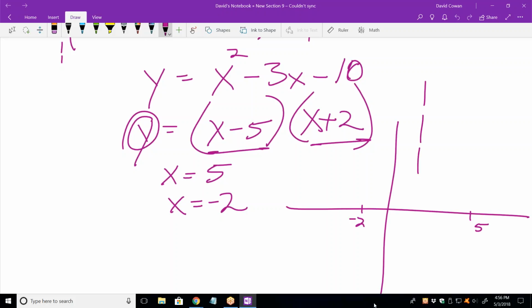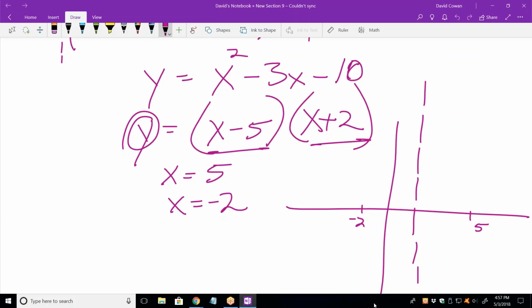Your line of symmetry is at 3. No. Oh, wait, what? Oh, because it's a negative. What's the halfway point between those two numbers? Add them together, divide by 2. All right. Add them together, -2. Arithmetic is hard, because math is all about just doing hundreds and hundreds of single-digit computations.